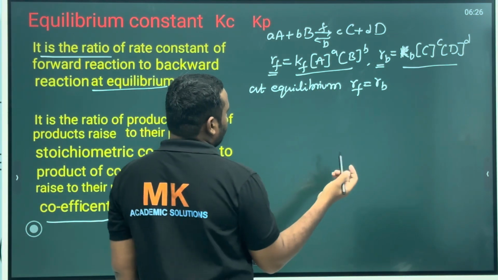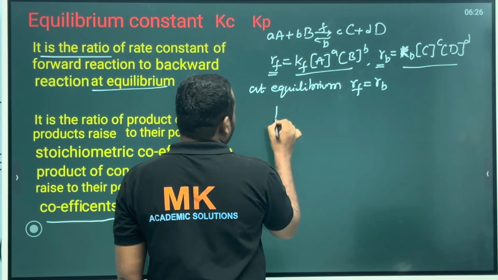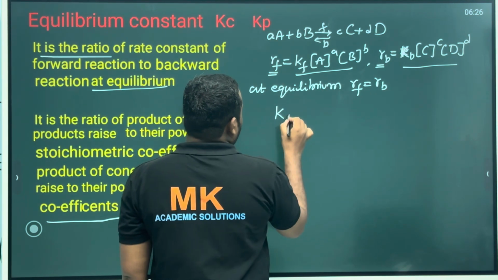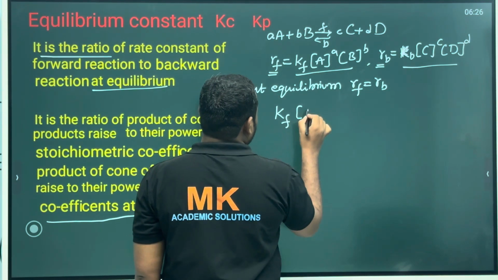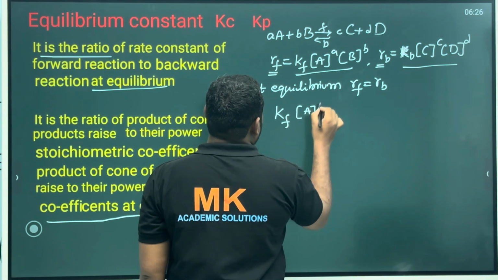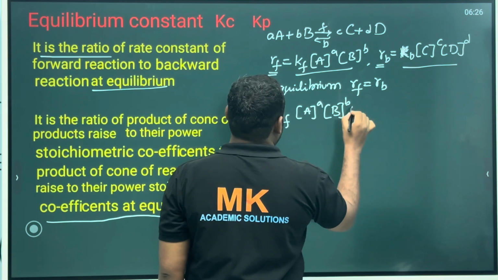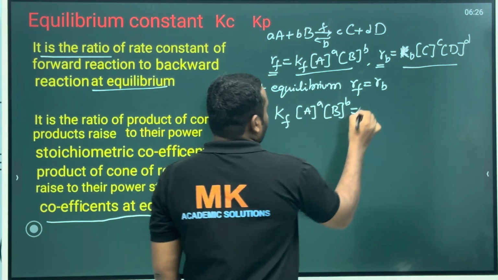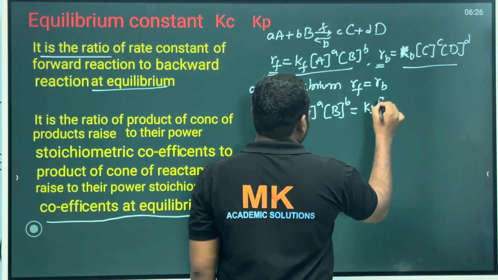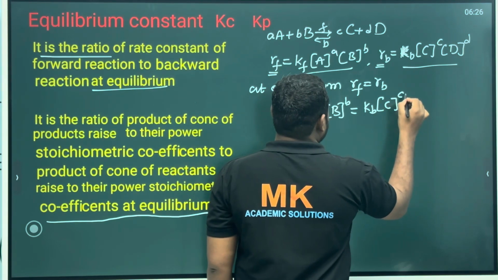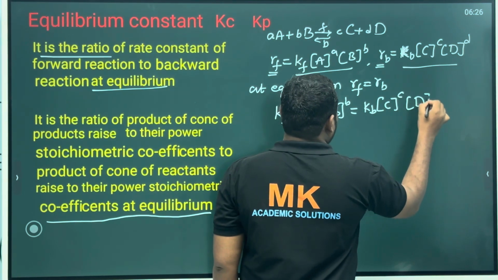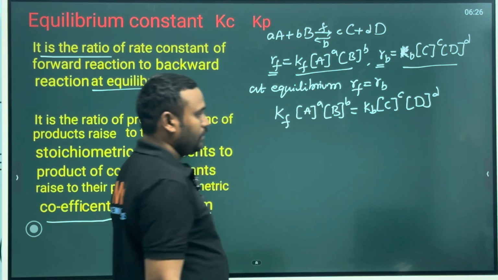So, children, I can write Kf [A]^a [B]^b equal to Kb [C]^c [D]^d.